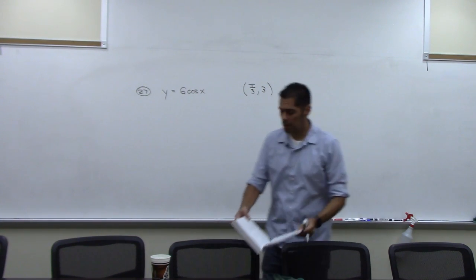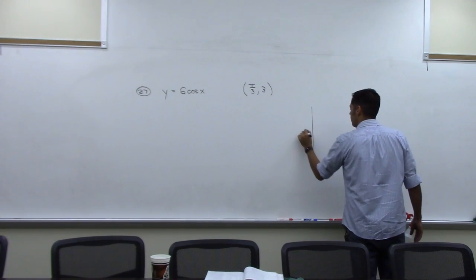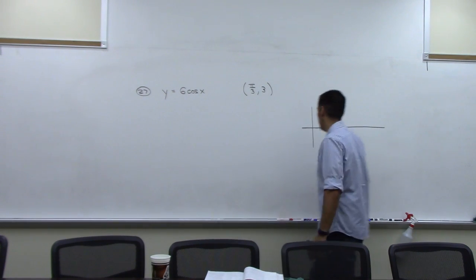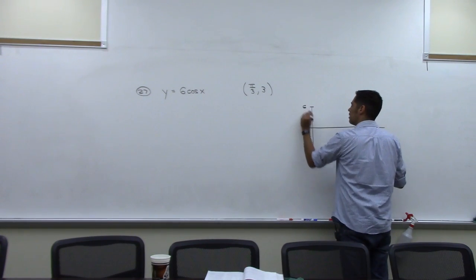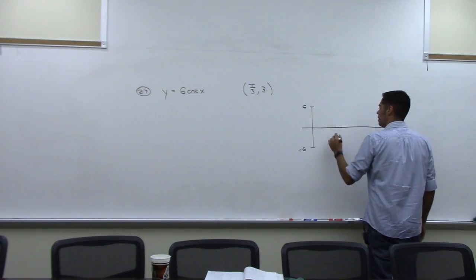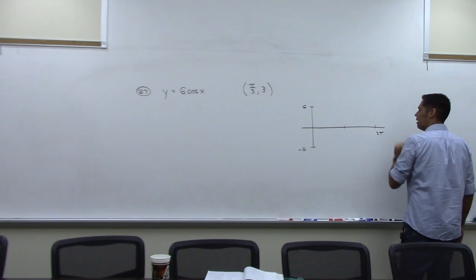If I were to graph this curve, it's a cosine curve, 6 in front is the amplitude, so that means that it's 6 here and -6 here. Since it's a cosine curve, it has a period of 2 pi, right?